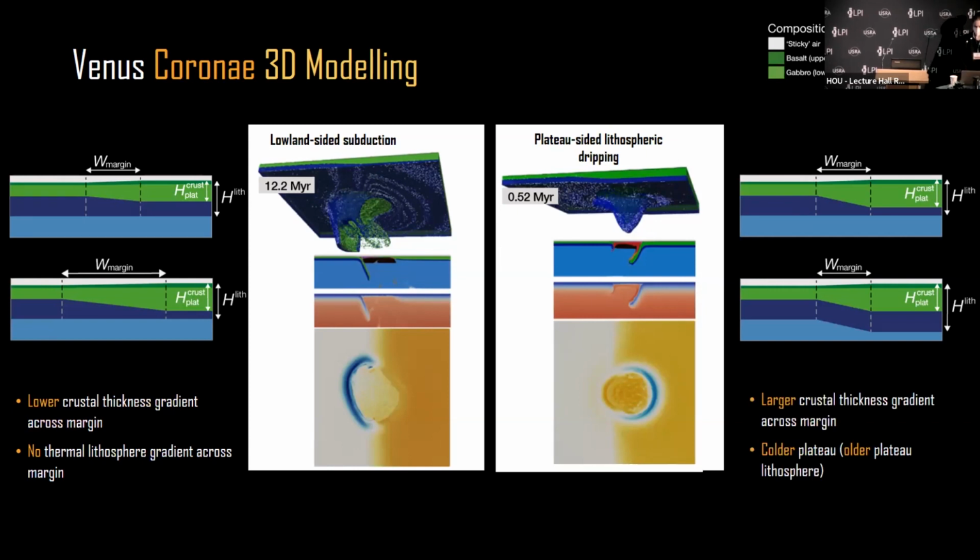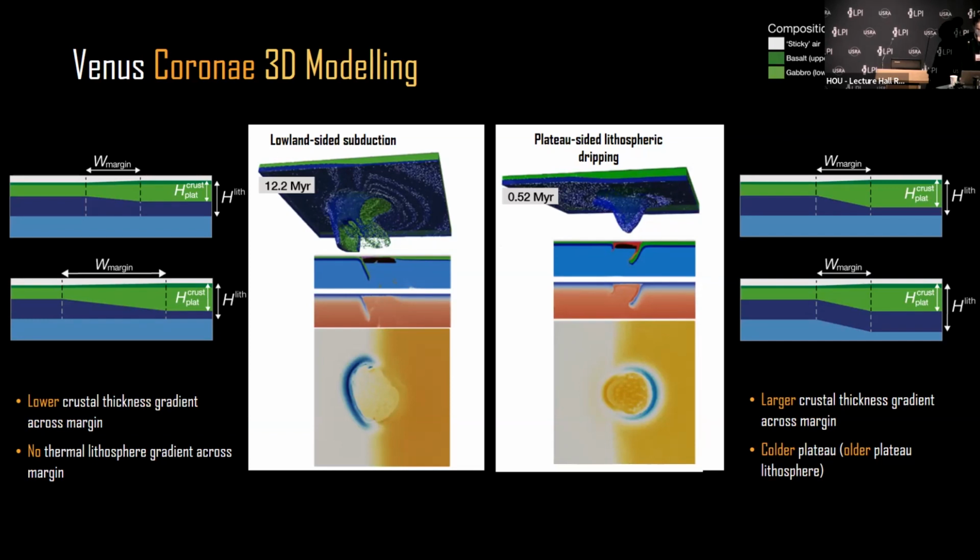So this is just a teaser that we find on the left the lowland-sided subduction models, and on the right the plateau-sided subduction and dripping models. These are all really related to the different setup in our model. So you have different crustal plateau thicknesses, different strength of the crustal plateau, which is in fact controlled by the thermal profile.